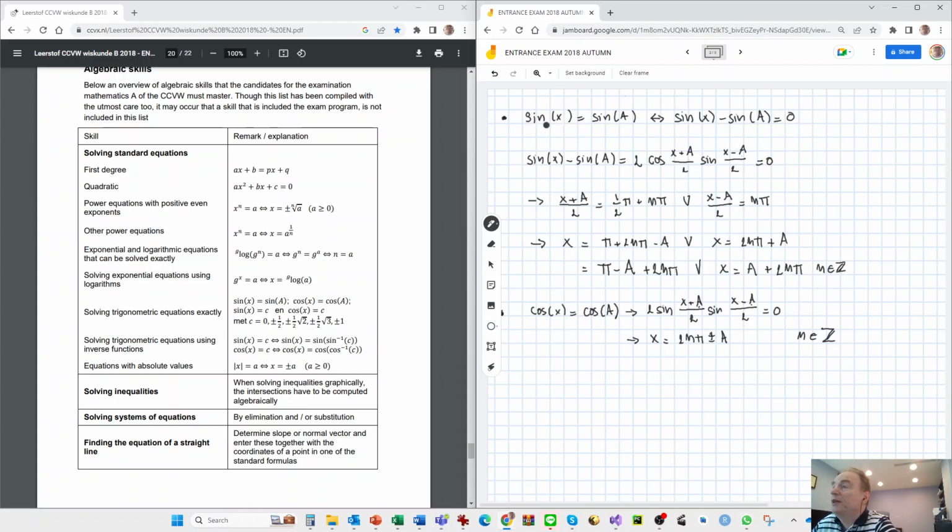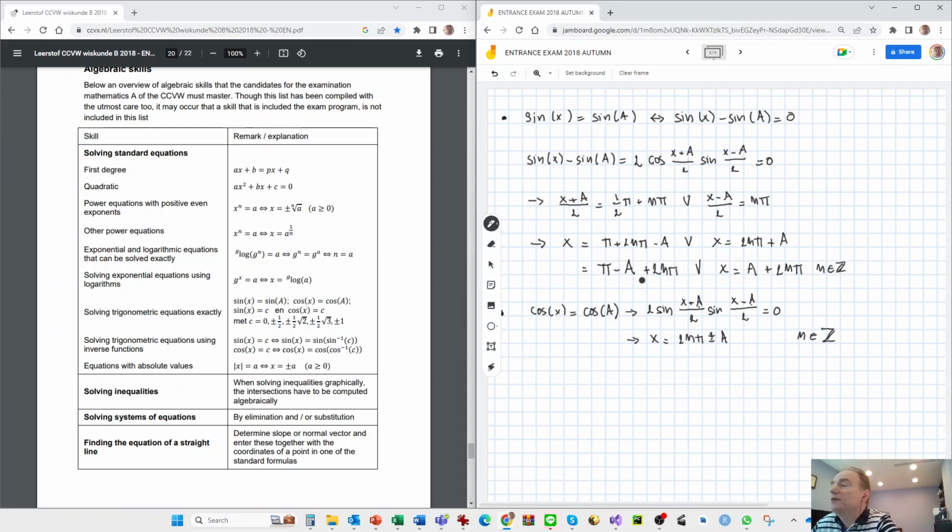Namely, if the sine of x is sine of a, and you can stop the video to go through this, then you have two solutions, actually many solutions, but kind of two branches. One, it means that x equals a plus 2n pi with n an integer, or x equals pi minus a plus again 2n times pi.